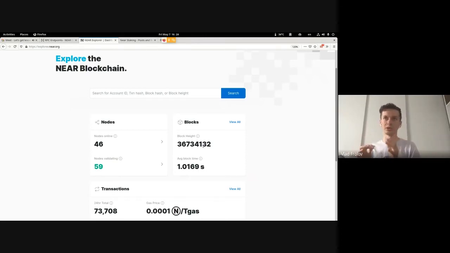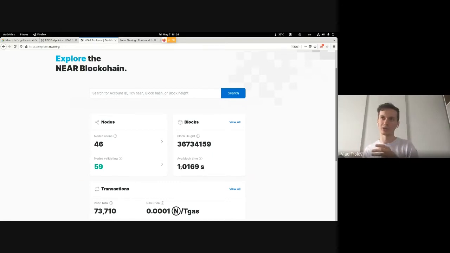That is a block. So at every single time, there is a bucket where you collect transactions, and then a set of transactions gets, let's say, frozen into a block.